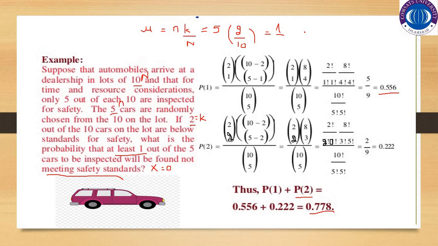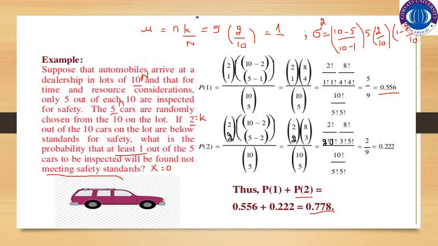Similarly, you can find the variance of the random variable as well, which is equal to 10 minus 5 divided by 10 minus 1, as it is N minus n over N minus 1, into 5 into, as it is K over N, 2 by 10, and then 1 minus 2 by 10.